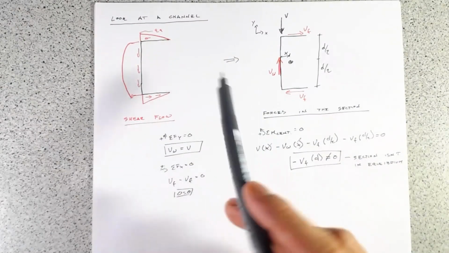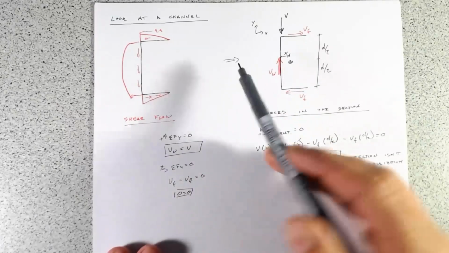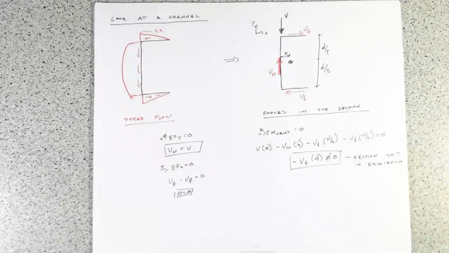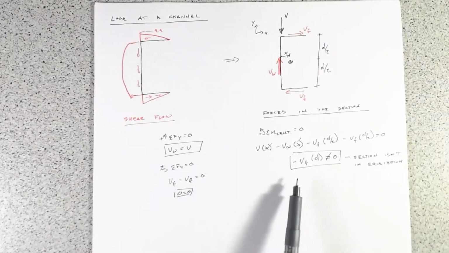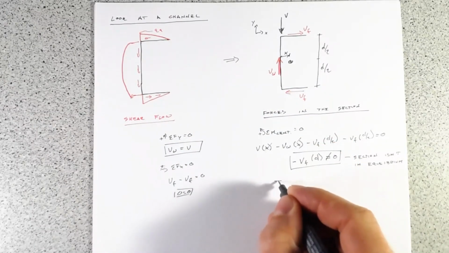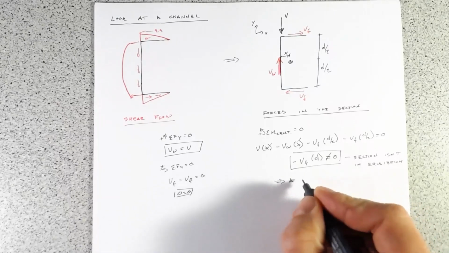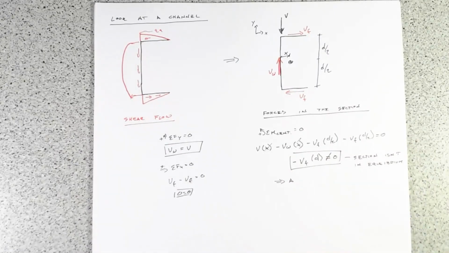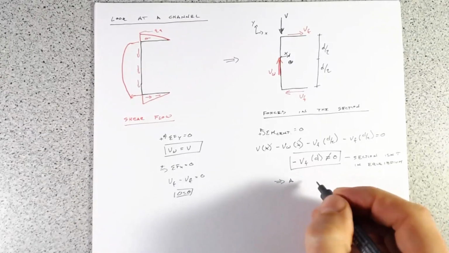What this is saying is that if we load just the shear force here, we have this unbalanced moment. So a moment is generated, and in order to keep the section in equilibrium, this moment has to occur.